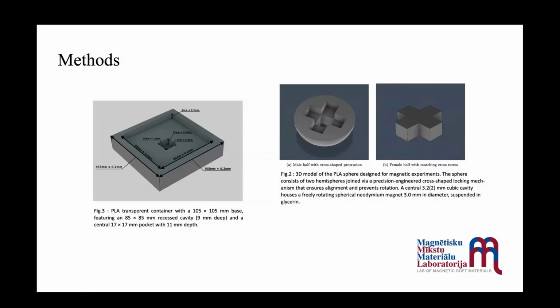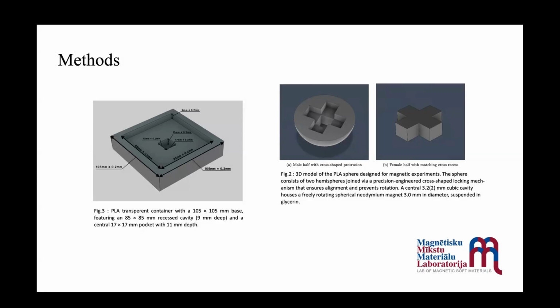So looking at the methods, first of all, we created a cross-shaped ball model containing a cavity for a magnetical ball, and the other half the same cavity for another ball, creating this so-called remagnetization model, where internal balls in a cavity filled with glycerin act as a Landau-Lifshitz type system and create this remagnetization, as they tend to stand directly one after another.